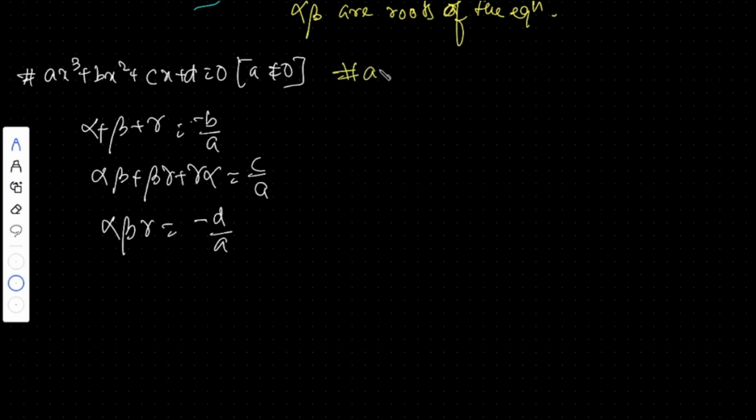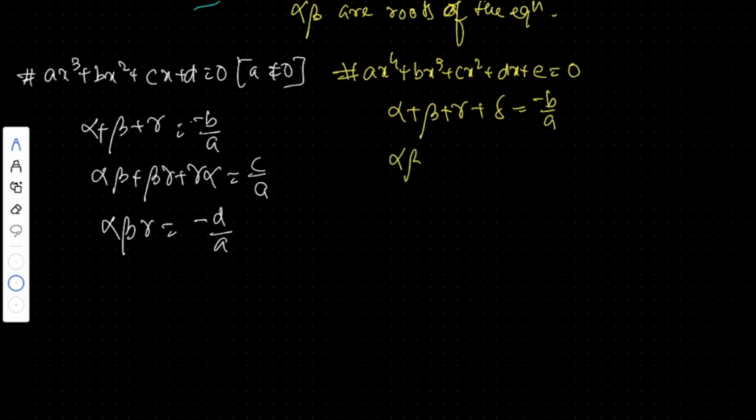If you see the equation a x to the power 4 plus b x cube plus c x square plus d x plus e equals 0, the highest power is 4. There are 4 solutions: alpha plus beta plus gamma plus delta equals minus b by a. Alpha beta plus beta gamma plus gamma delta plus delta alpha equals c by a.